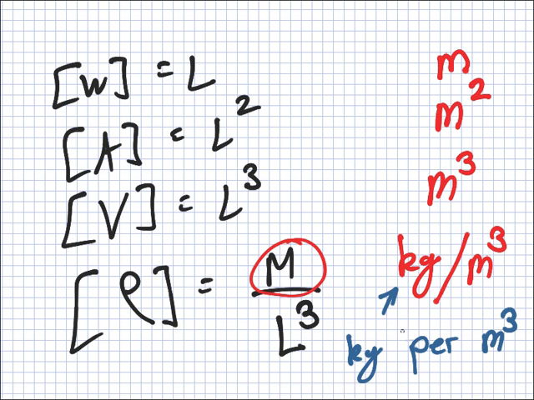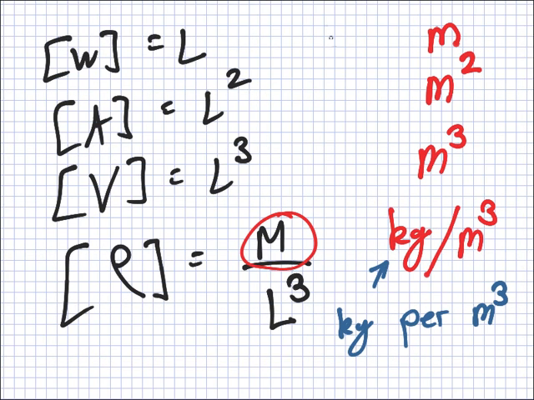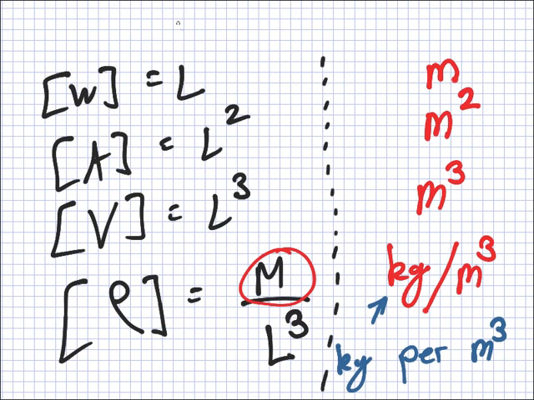Okay, so I think you should write this down. That's the dimension, and that's the unit. Making sense? And Ben, you do actually need to write these little brackets.